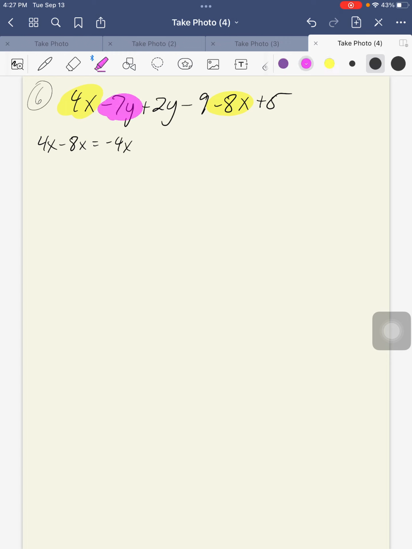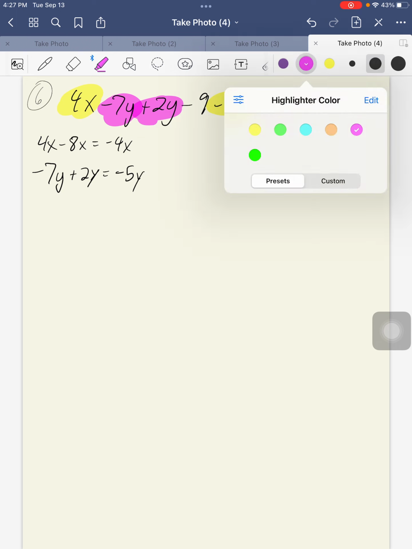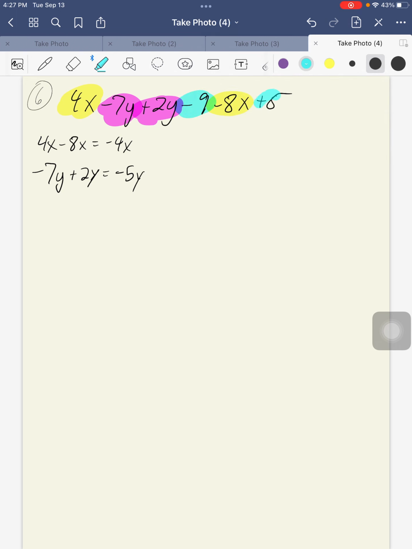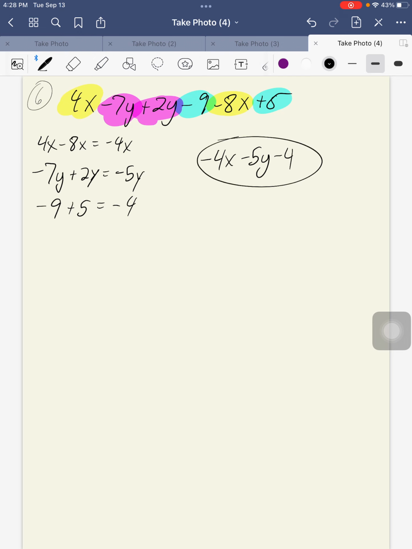We have negative 7y plus 2y equals negative 5y. And we have a negative 9 plus 5. That's supposed to be a 5. Remember, the sign next to it always comes with it. So now we just have to join these together horizontally. Negative 4x minus 5y minus 4.